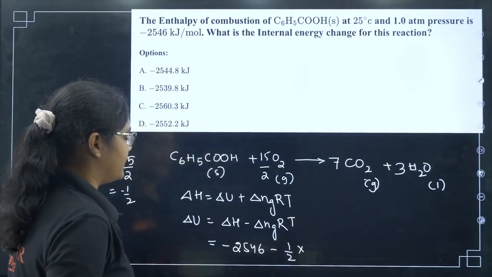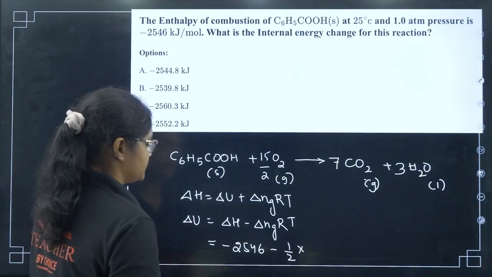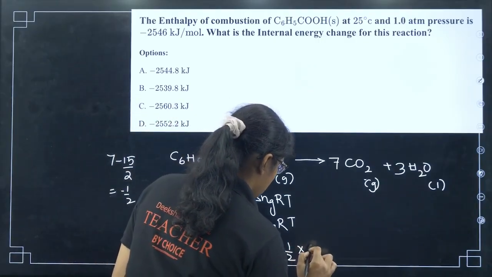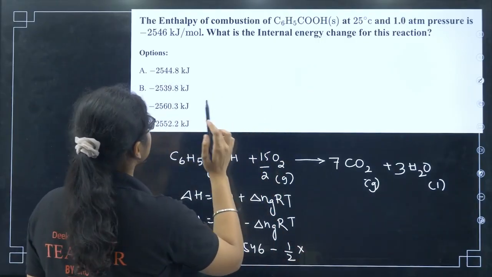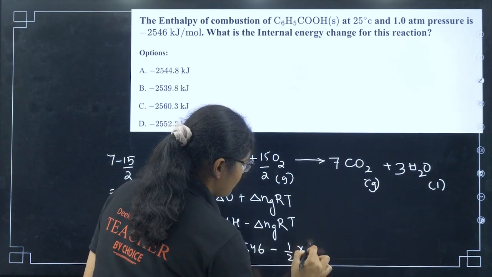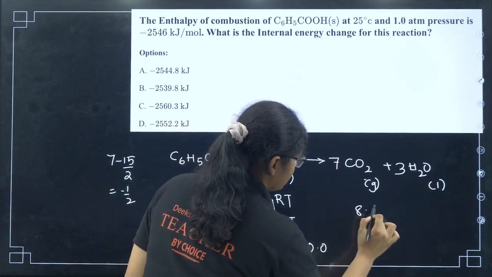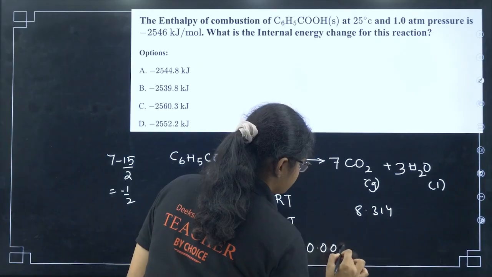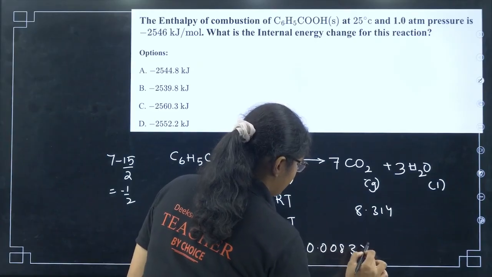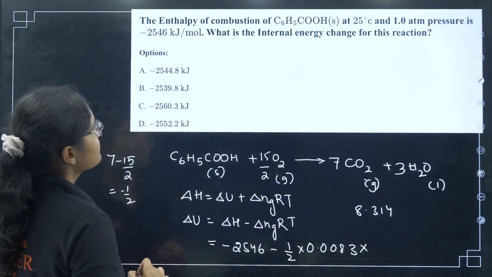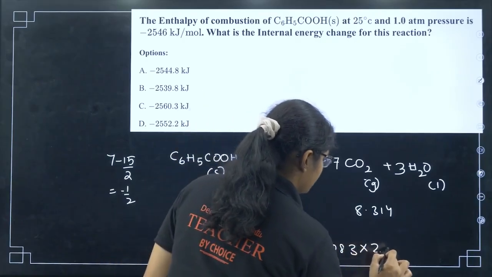And R value I can just substitute, that is R value in terms of joules, right? 8.314, so 0.008 I can put like this. And what is the temperature value? Temperature is 298 Kelvin.